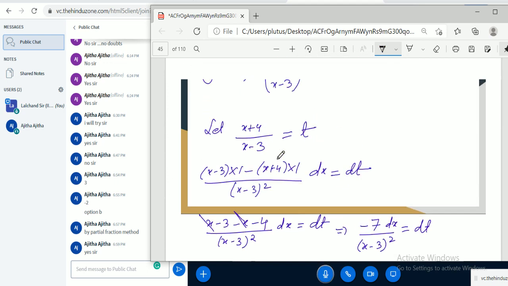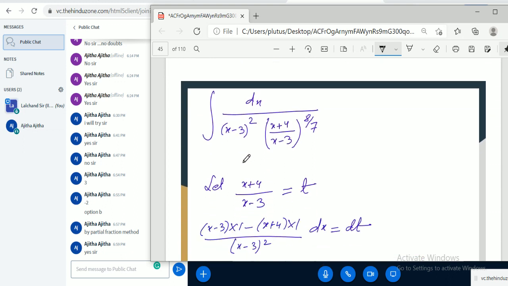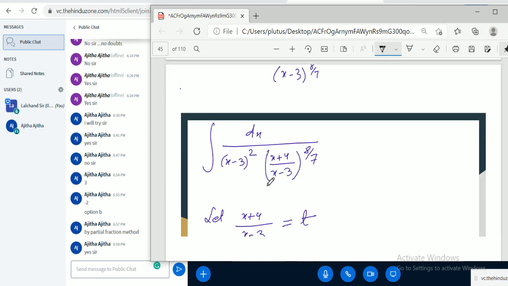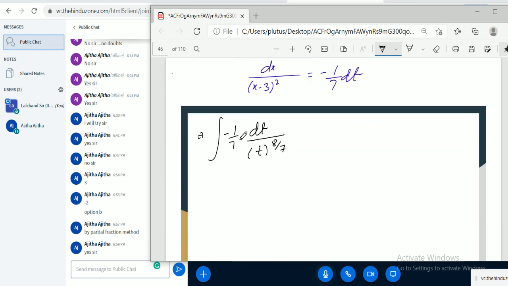If we make this substitution in this equation, this equation will be transformed to the integral of minus 1 by 7 dt by t to the power 8 by 7. Here the power is 8 by 7. So now if we integrate this, then we have minus 1 by 7 times the integral of t to the power minus 8 by 7 plus 1, over minus 8 by 7 plus 1.